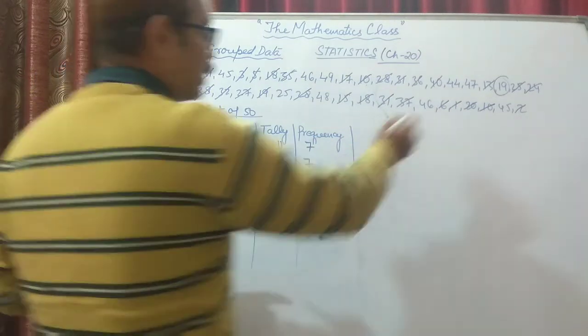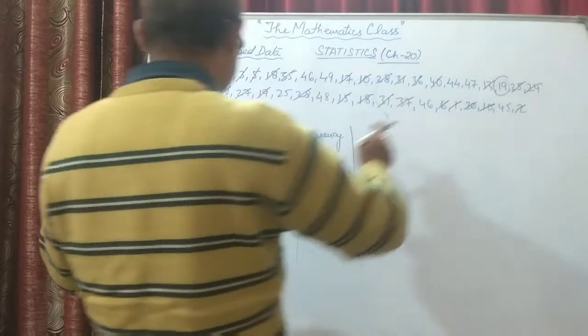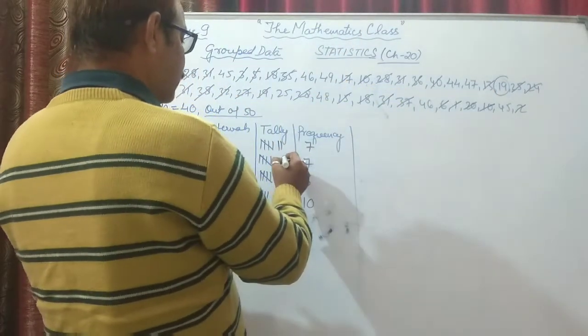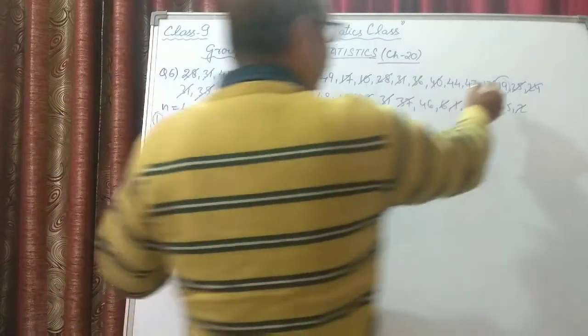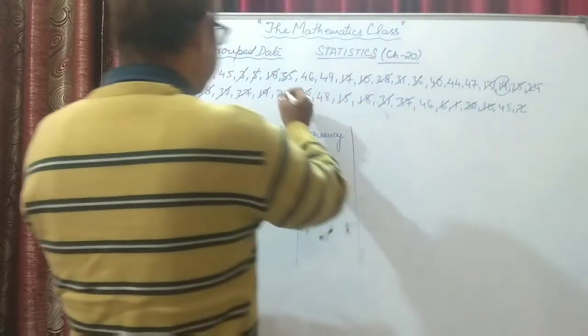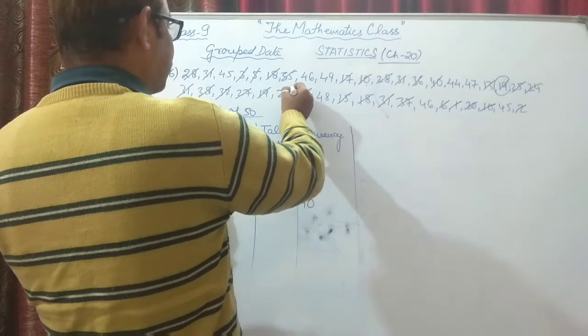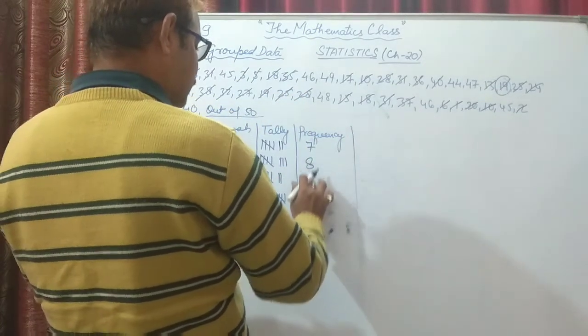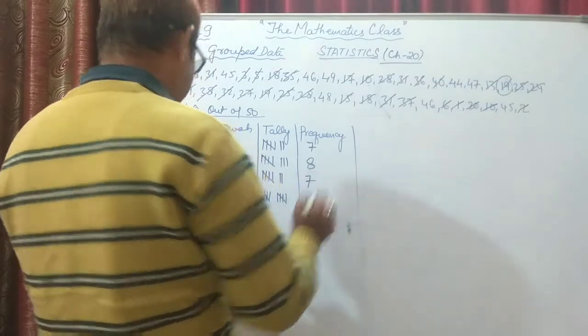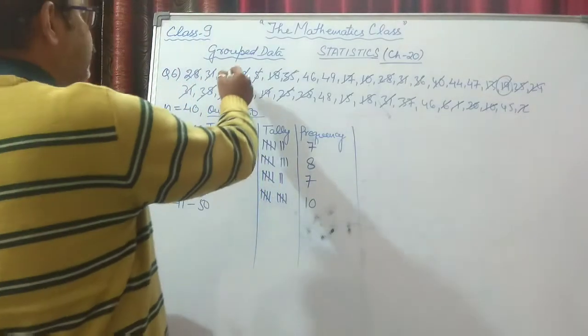And here I found 19. It will be between 11 to 20, so here it comes 8. And I found somewhere here 25 also. 25 will come between 21 to 30. So one more, and here it is 7. Now 41 to 50.